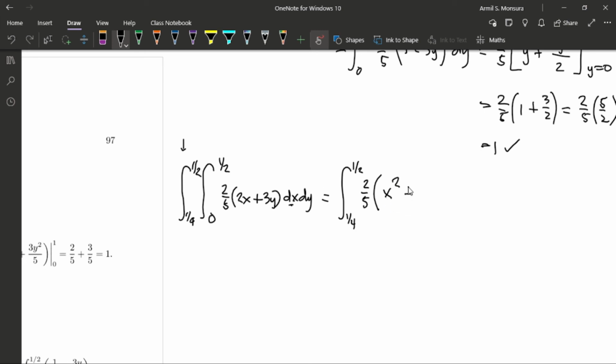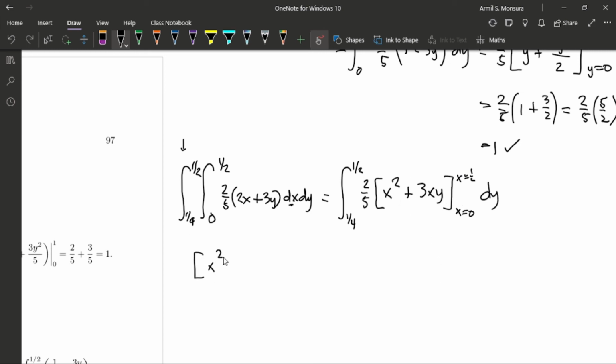Okay, plus 3xy. Okay, again, dapat square bracket. This is from x equals 0. Oh, sorry. Yeah, x equals 0 and x equals 1/2. Dy. Okay, let's evaluate this first muna na. Ihiwalay ko lang muna siya doon.